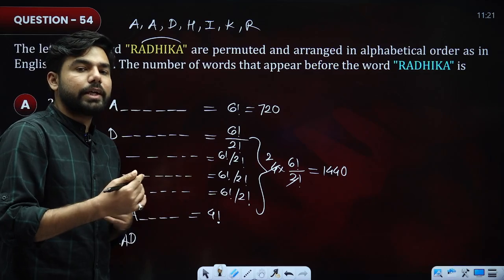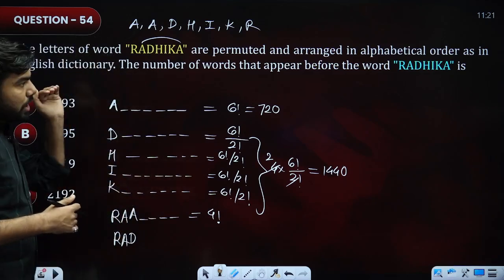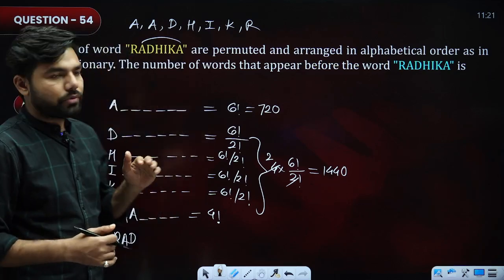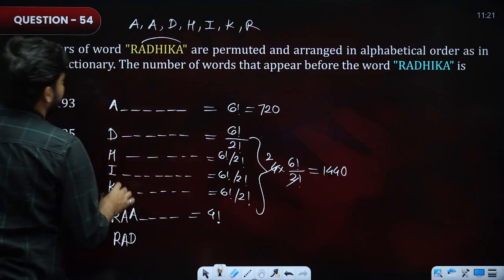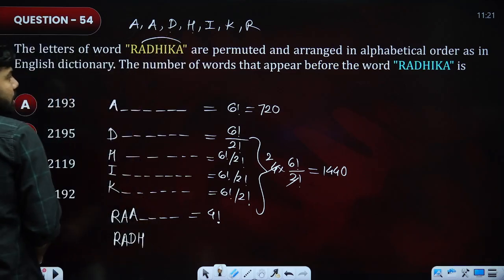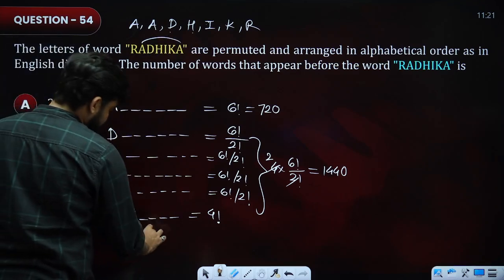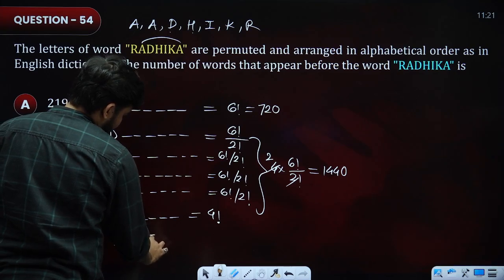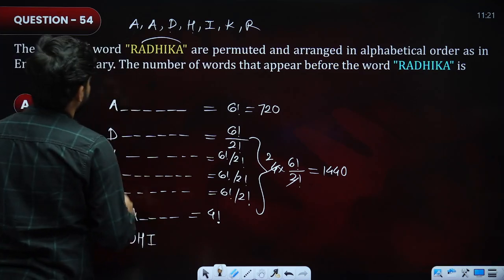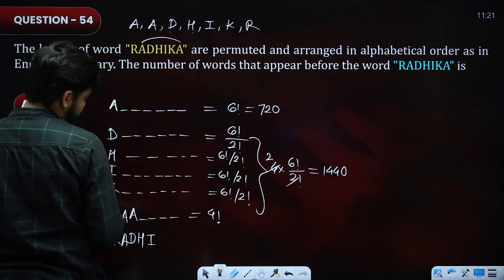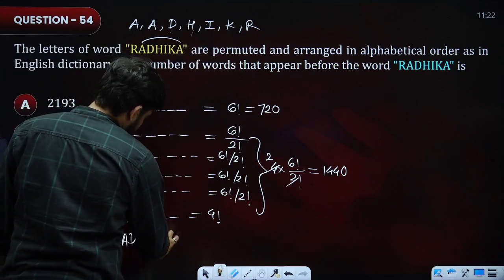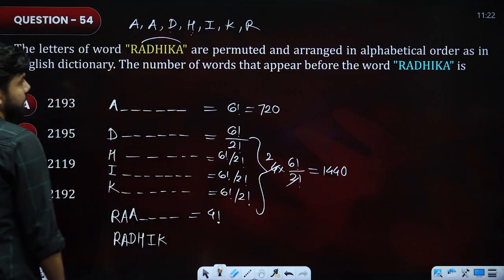We have to find the alphabetical order of the word Radhika. So we need to take D. After that we need H. After that we need I. So this is I, R, A, D, then H, then I, and then we need to take K over here.